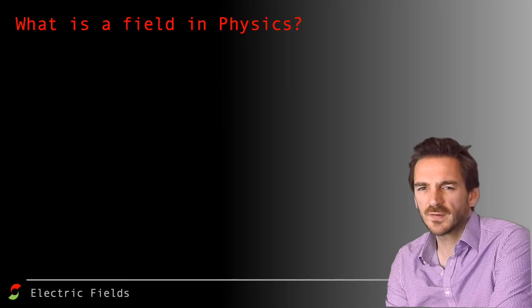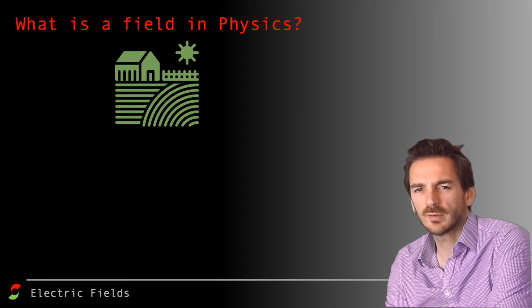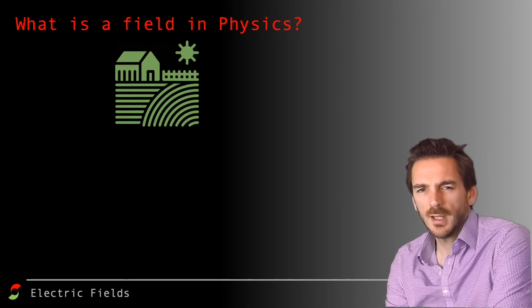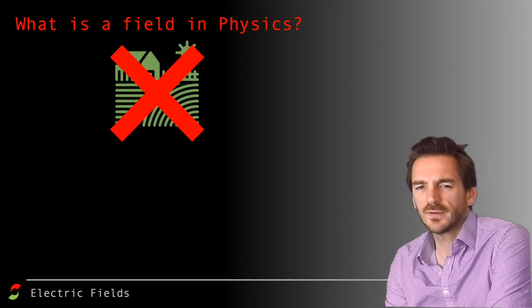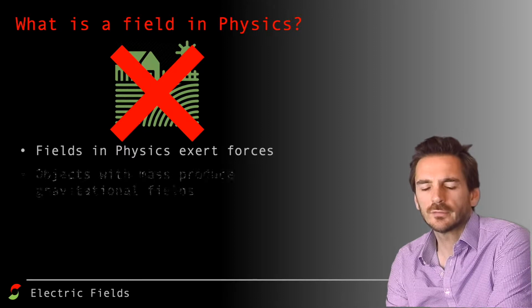So, in terms of physics, what does a field actually mean? Well, it's not this. It's not something with cows and trees and crops in them. In fact, fields in physics mean that there are forces going to be exerted, and fields exert forces.